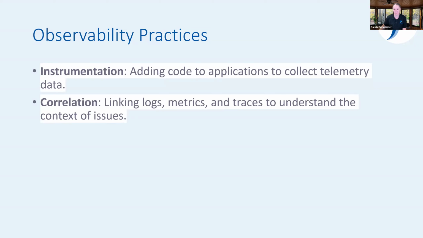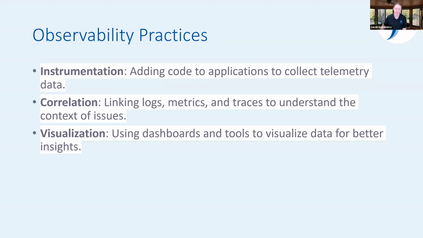And then there's the visualization, which is dashboards and tools to visualize things better. In this presentation, we're looking strictly at the visualization using Grafana. If time allows, we might show the details on the instrumentation as well. Again, we only have an hour, so we can't go too deep, but I do want to try to demystify some of this application.